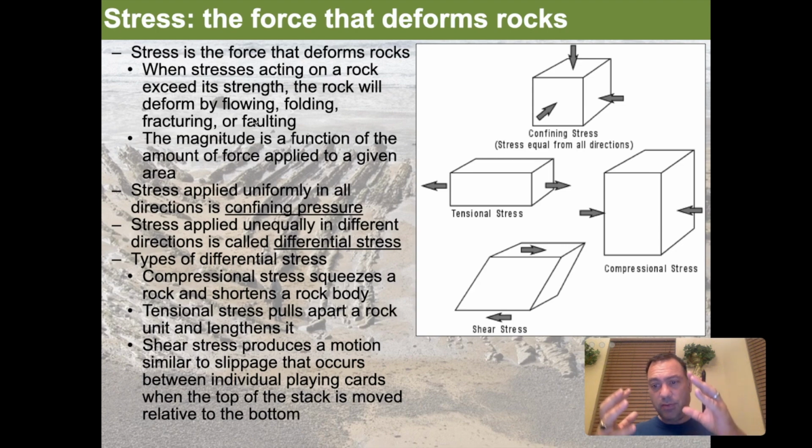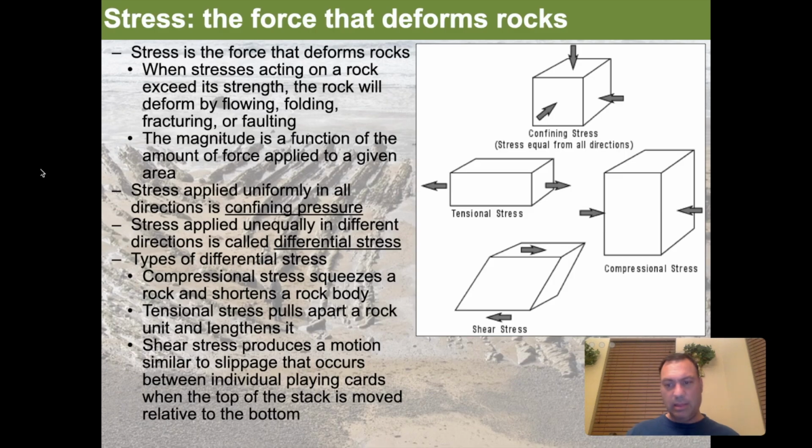It'll start to shift and flow and move and accommodate things. It'll fold, it'll start fracturing, or it will begin faulting. We'll talk about what faulting is in a little bit. The magnitude is a function of the amount of force applied to a given area.